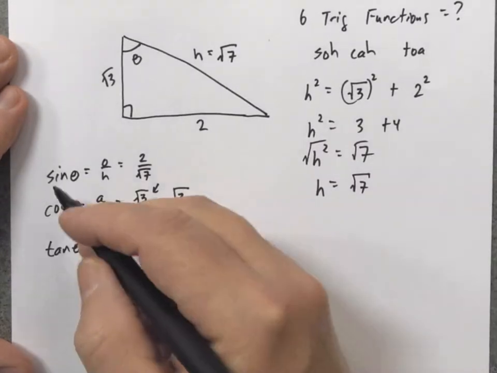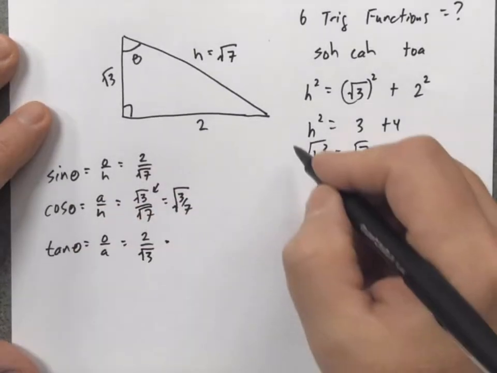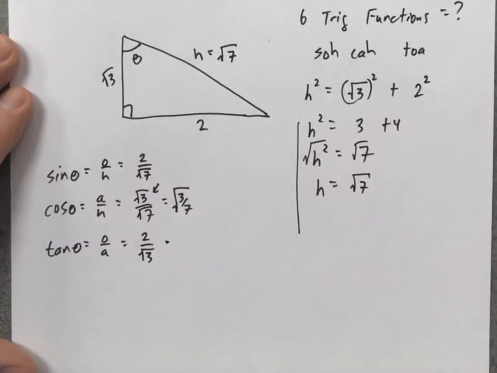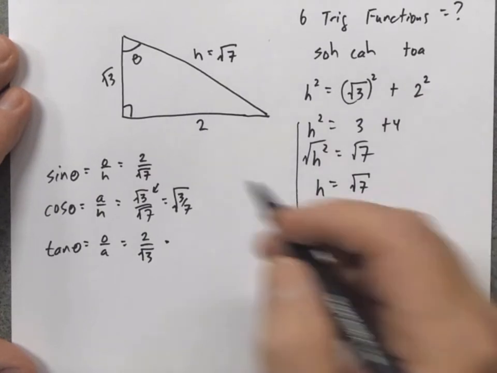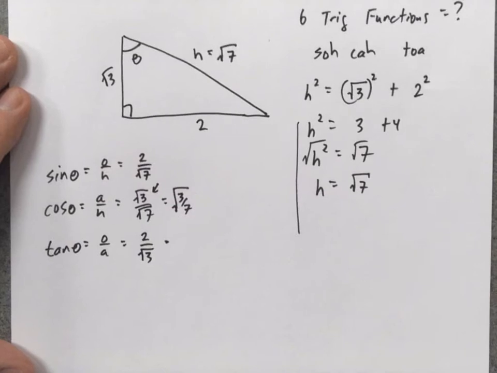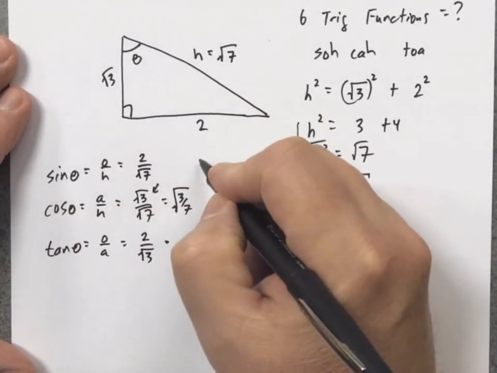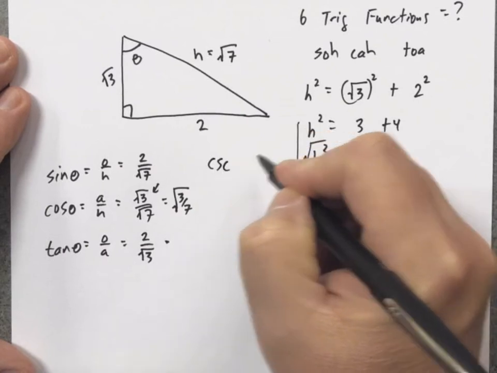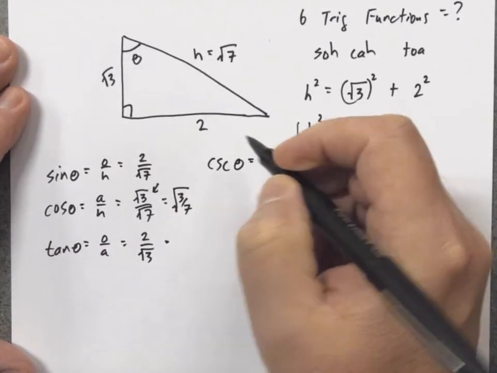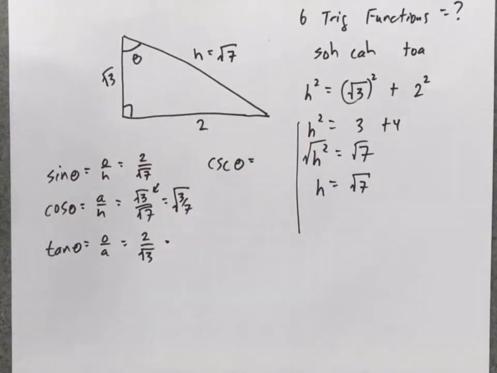So we have the sine, cosine, and tangent. Now, for the other three trig functions, remember, trig functions are sort of grouped in pairs of two. The sine gets paired up with the cosecant. So it turns out the sine and the cosecant are reciprocals of each other.